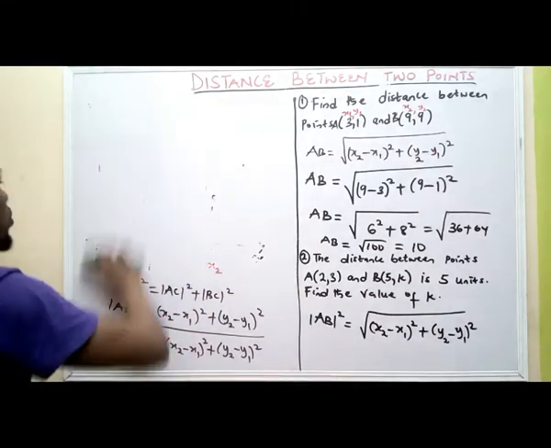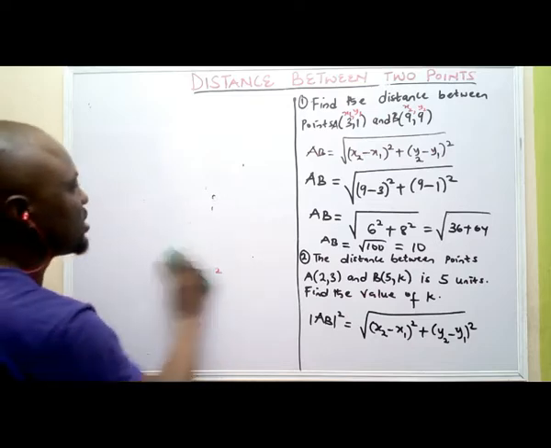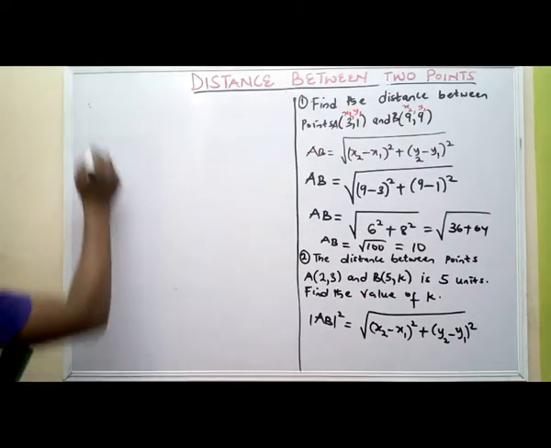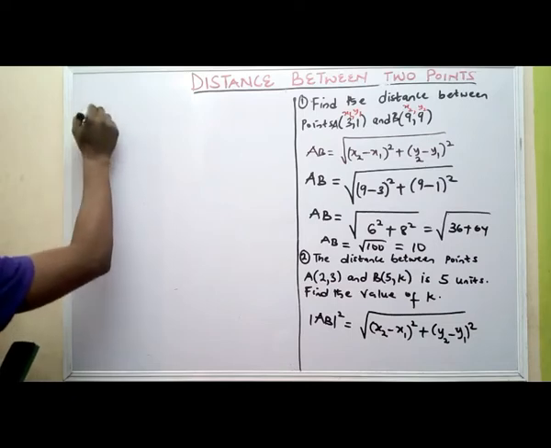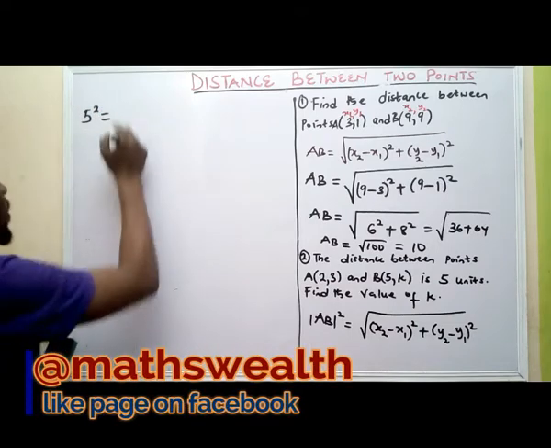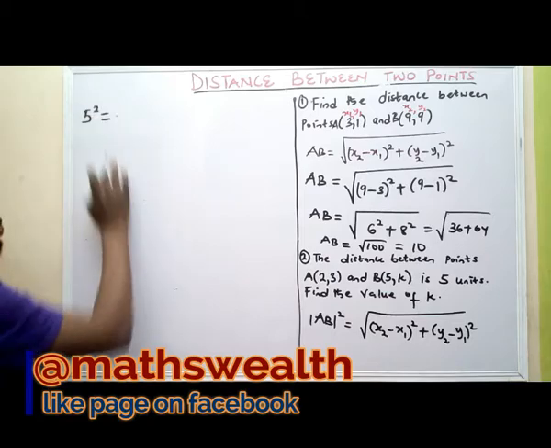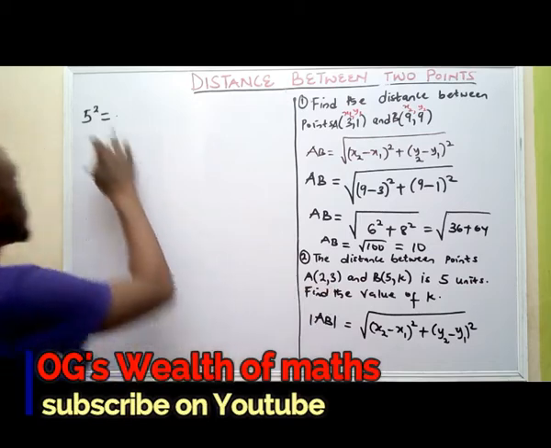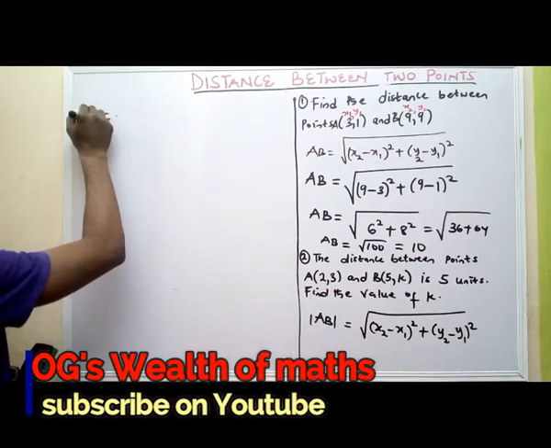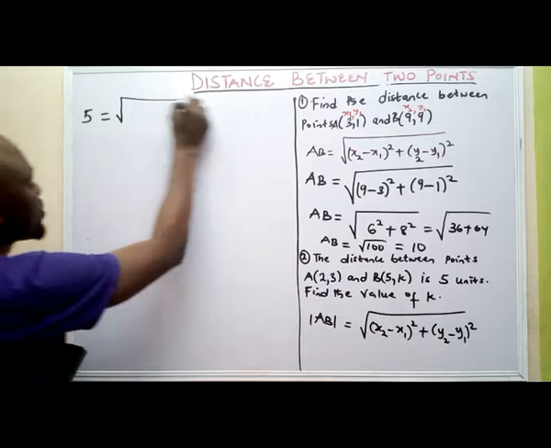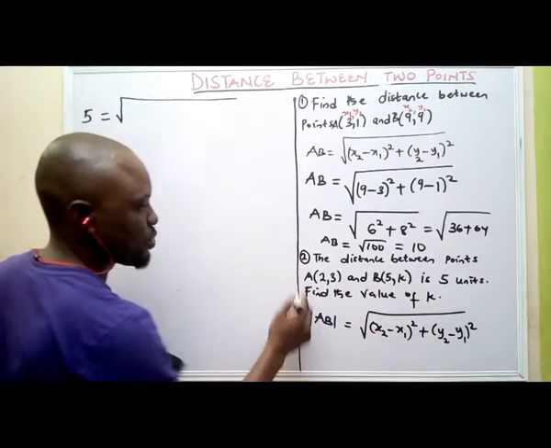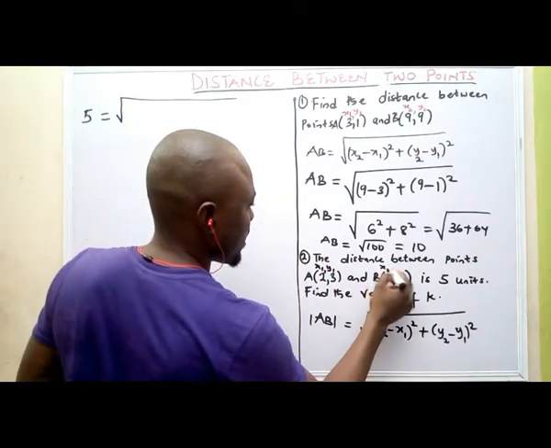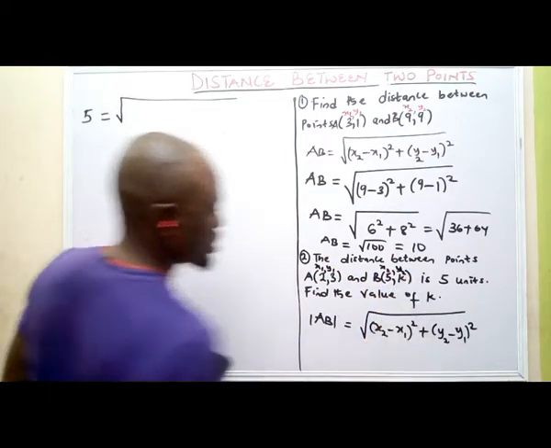So all I need to do is to plug in the value, which is 5, into AB. If I'm doing this, the square will not be there if you're doing roots. So the square will not be there. So I'll do 5, the square root of, now I can tag this as x sub 1, y sub 1, x sub 2, y sub 2.